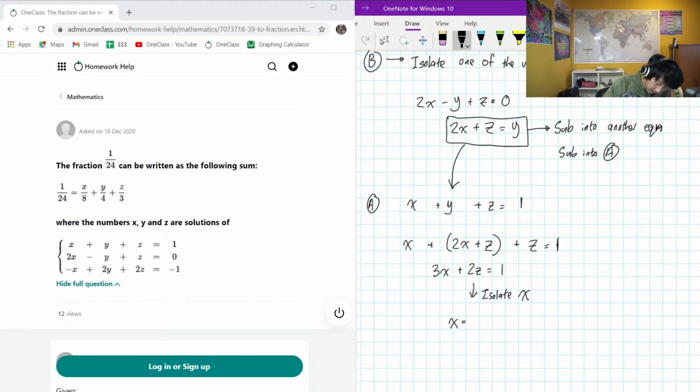So we'll have x is equal to 1/3 of, whoops, it's got to be negative, so it's going to be 1 minus 2z. Okay, and that's going to be our x value. Awesome. And given this, we can sub into the final equation.